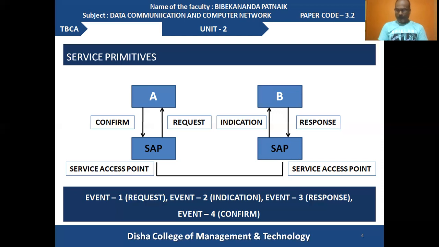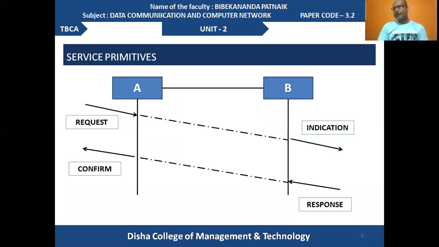The request is passed from user A, and with the help of the service provider and the service access point, it goes directly to B, and the service provider normally provides an indication to B. After getting the indication, user B sends the response to the service provider with the help of SAP, the service access point, and after that A receives the confirmation about that. And the second diagram is also defined like that.